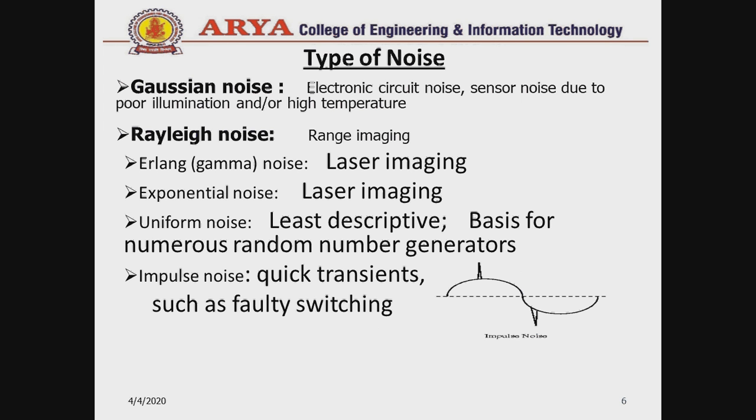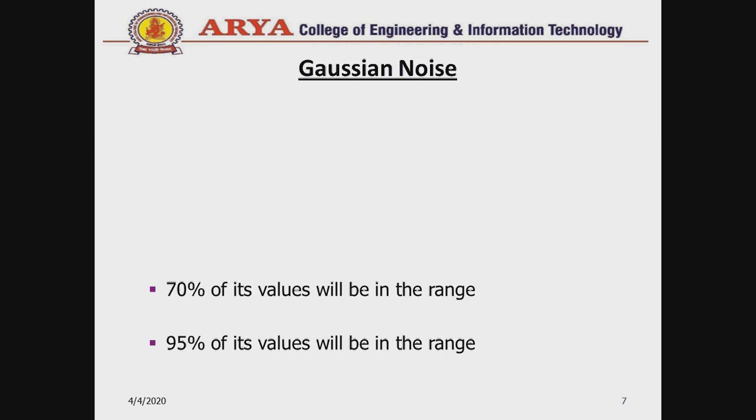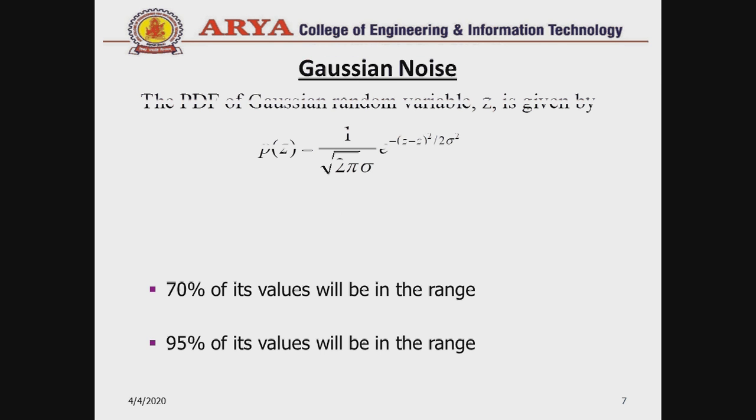For example, if I take an image in very bright light, the entire image becomes brighter. Impulse noise is a quick, transient noise, such as faulty switching. In the waveform you can see impulses at different locations, and it is really difficult to model. That is why we can only restore up to 90 to 95% of the image.